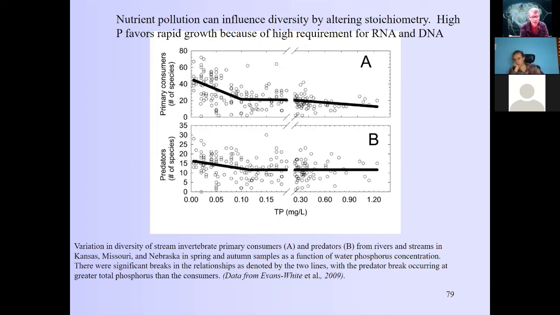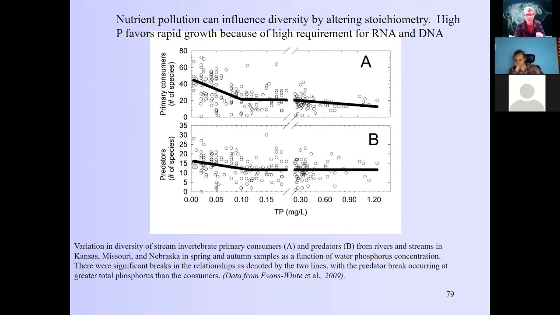What Michelle hypothesized when we saw this was that invertebrates that have a high growth rate have a high phosphorus demand. That's because they need a lot more DNA and RNA and phosphorus to keep things going right. They tend to have a relatively low carbon to phosphorus ratio.